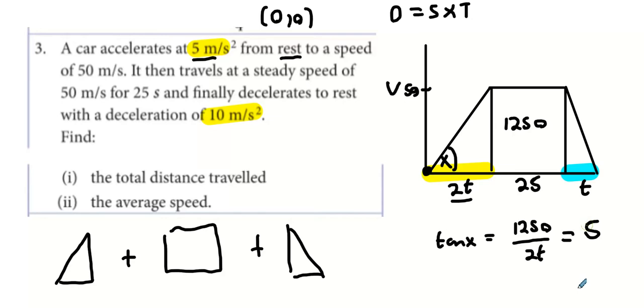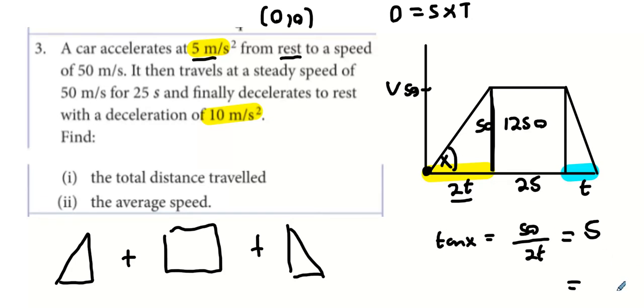Now, I'm essentially telling you that acceleration is 5. Oh, wait. Not 1,250, it's 50, isn't it? I was just thinking that's the most massive acceleration I've ever done in a question. So 50 is the height of the opposite, 2t is the adjacent, correct?